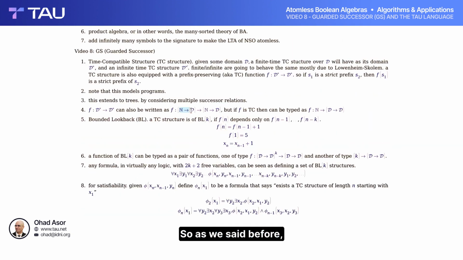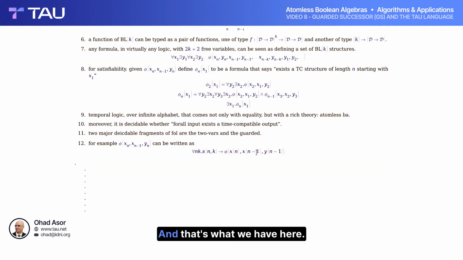So as we said before, this thing, a function from n to d, is a sequence. And that's what we have here. We have the sequence of inputs and the sequence of outputs. So we can see very easily how any formula with three variables of this form that defines a bounded look-back set of structures can be written in this guarded fragment.